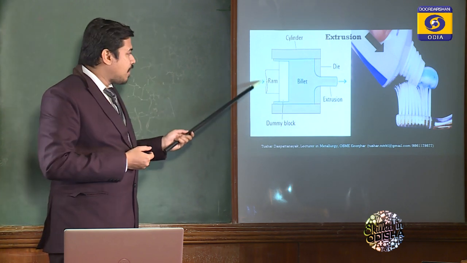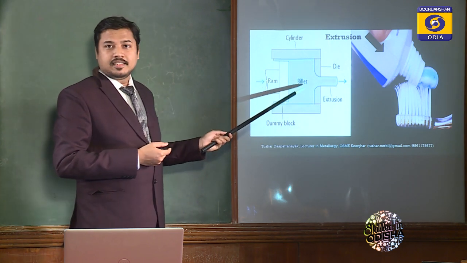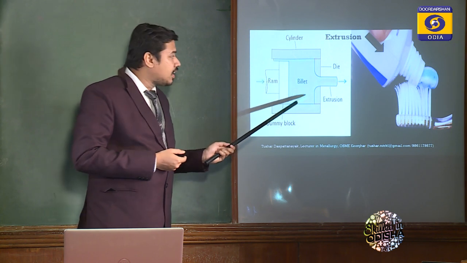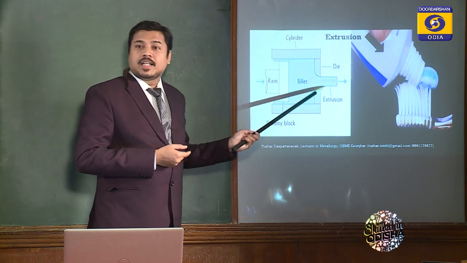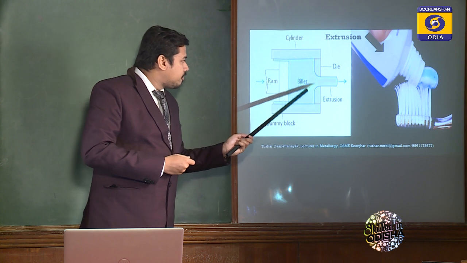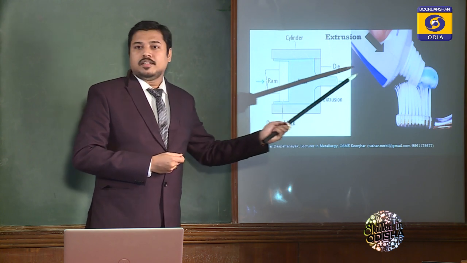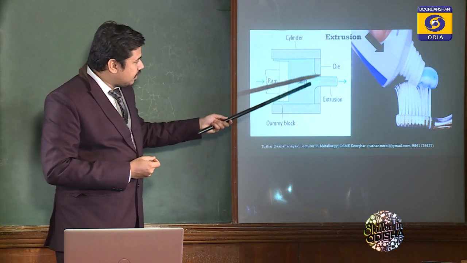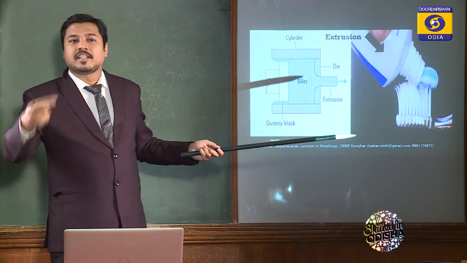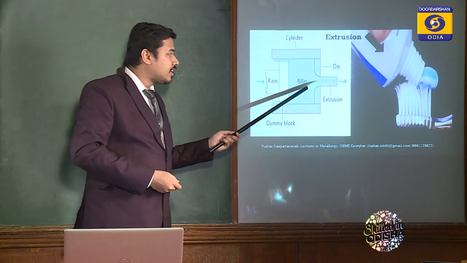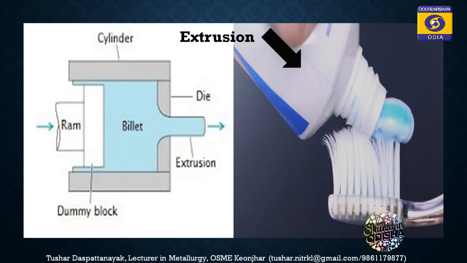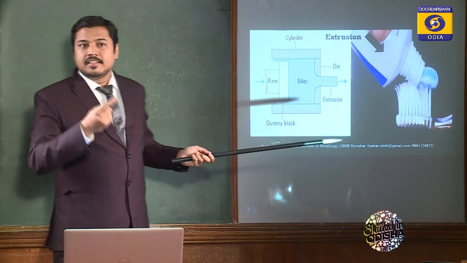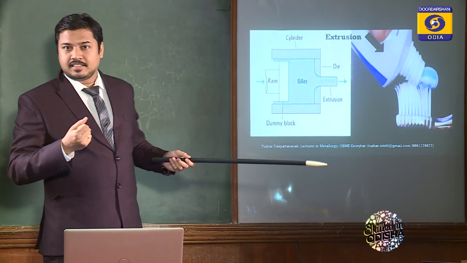Because of the high pressure, the product is coming out through the opening, and the opening shape will decide what will be the final product. If this is cylindrical, the product will be cylindrical. If this is square or rectangular, then the product will be rectangular.